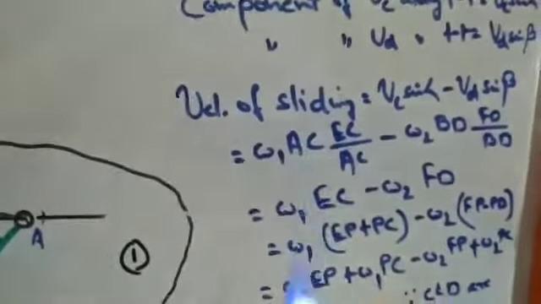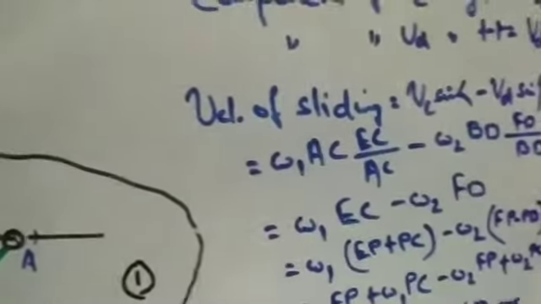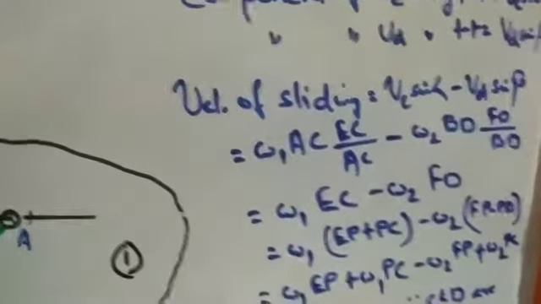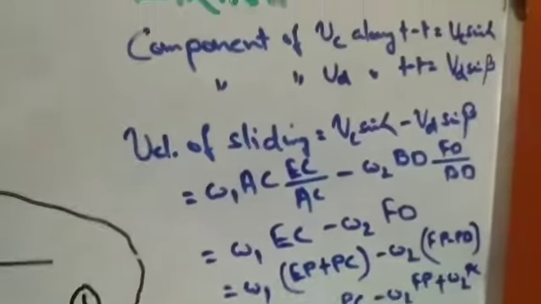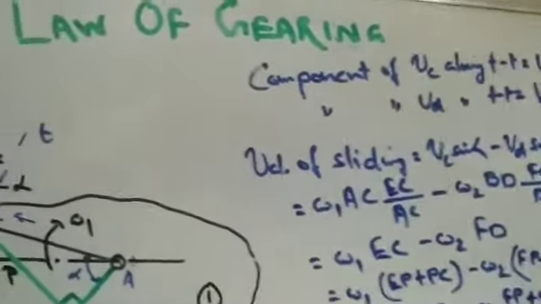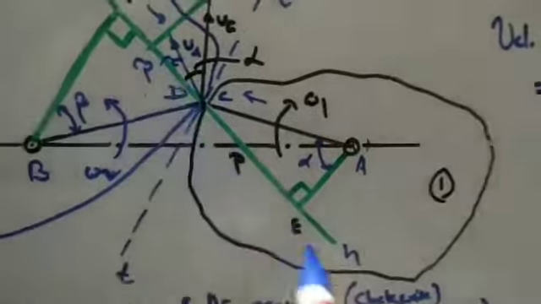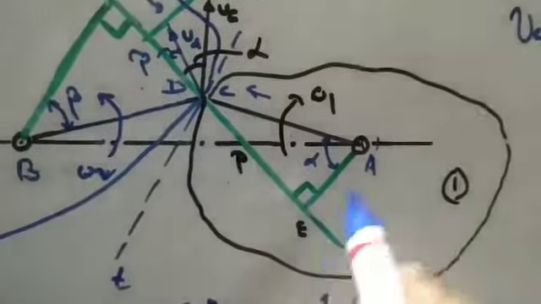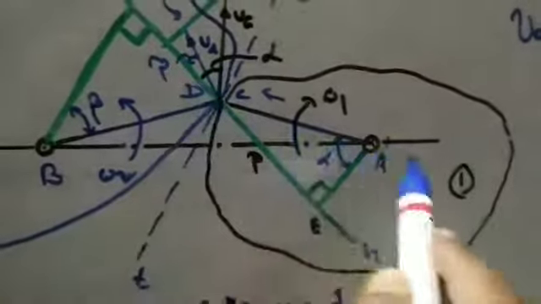Now what is Vc? We have shown that Vc sine alpha is basically omega 1 into AC into sine alpha. Sine alpha is EC by AC, that is this green line EC by this black line AC.